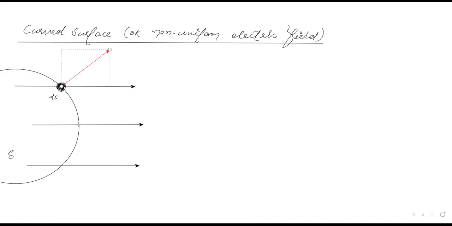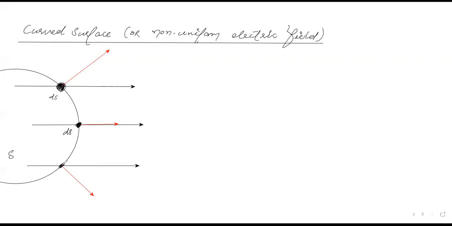Similarly, the normal for this point is along this direction, and for this it will be another theta. All of these are unit vectors.